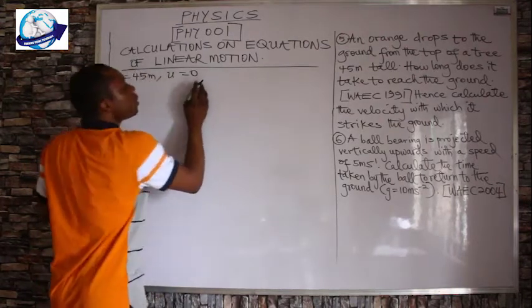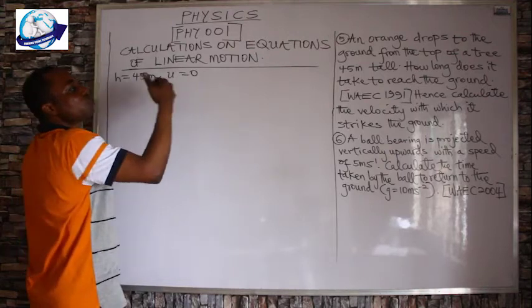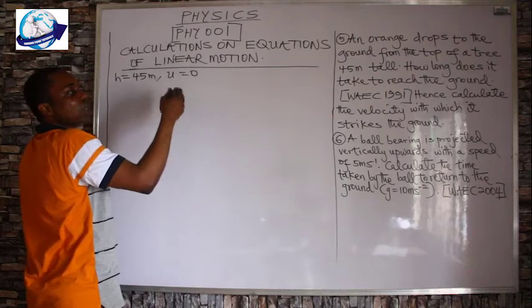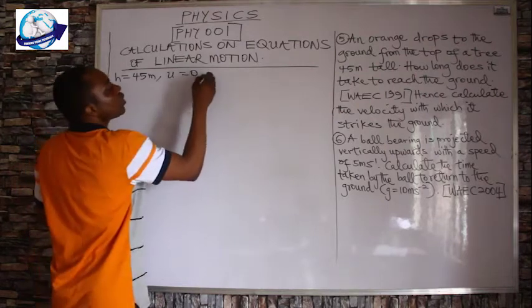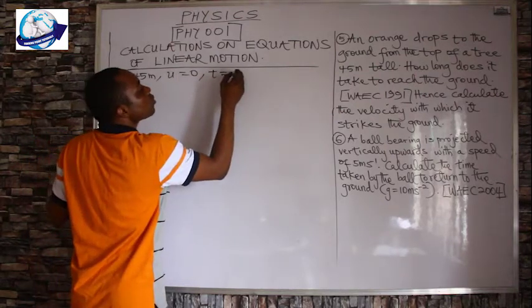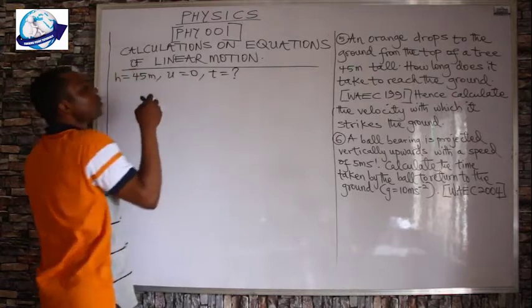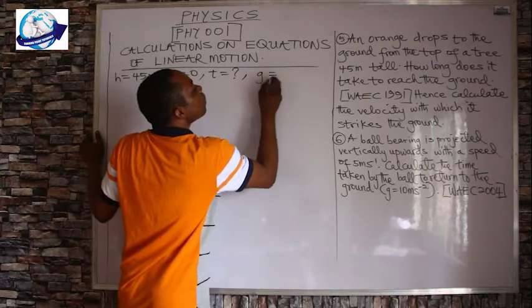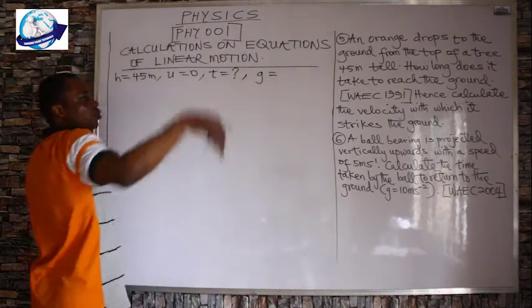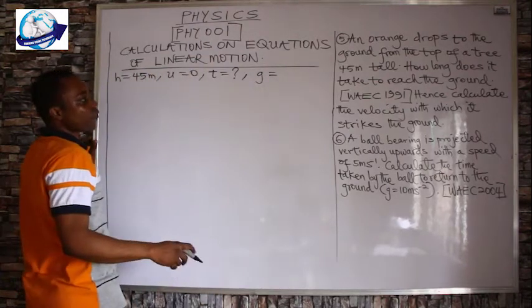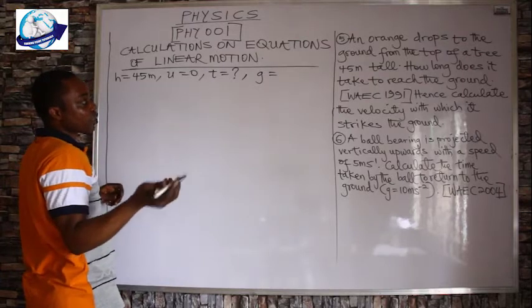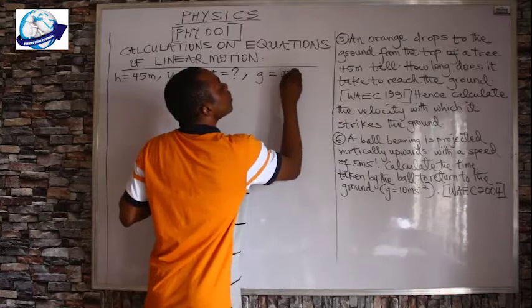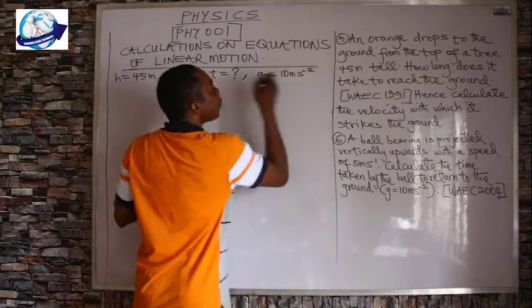And then we are asked to find how long it takes, that's the time. How long does it take to reach the ground? That time t, we don't know yet. Now, our g, acceleration due to gravity, is positive, because the fall is in the direction of gravity, acting towards the ground. So we can say it's approximately equal to 10 meters per second squared always.